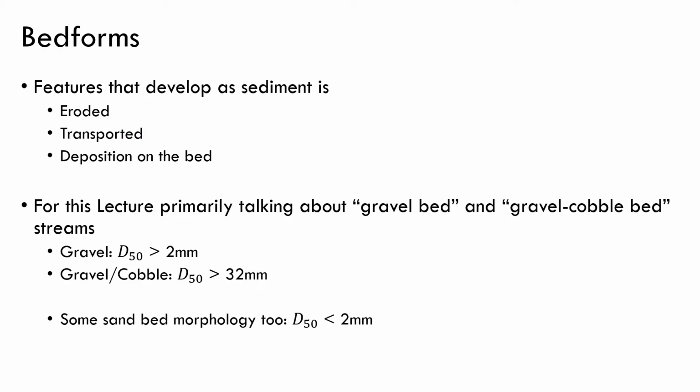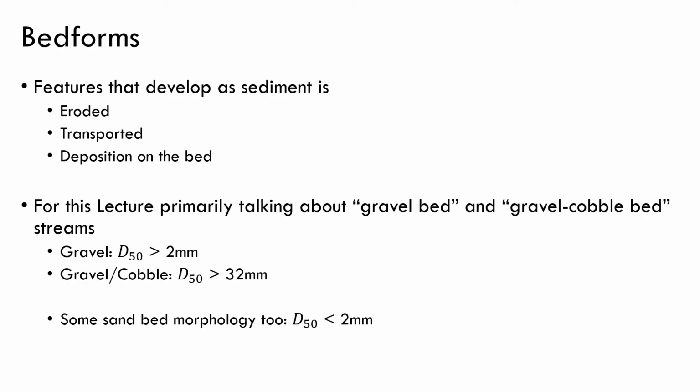So today we're going to talk specifically about bed forms. These are features that develop as sediment is eroded and deposited and transported in the bed of the stream. These develop over time, and especially if the channel's in equilibrium, these bed forms will develop and sustain themselves over many, many years.